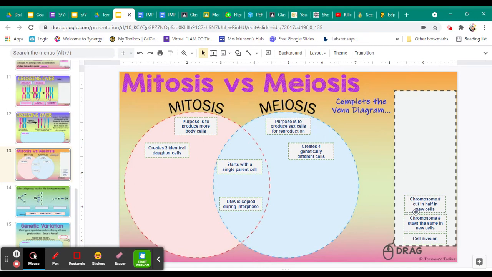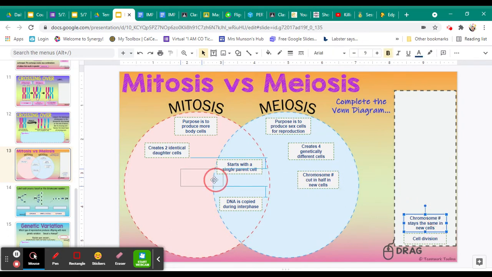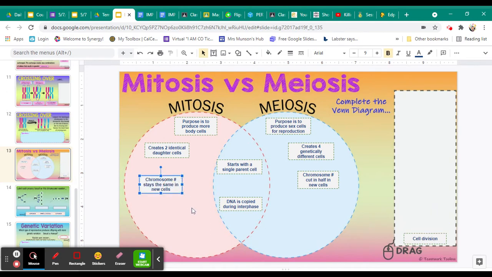Here it says chromosome number cut in half in new cells. Okay, so that's going to be in meiosis because remember, we get only 1 copy of the chromosome in new cells in meiosis. In mitosis, we have to have 2 copies of the chromosome. So chromosome number stays the same would be on the mitosis side, right?